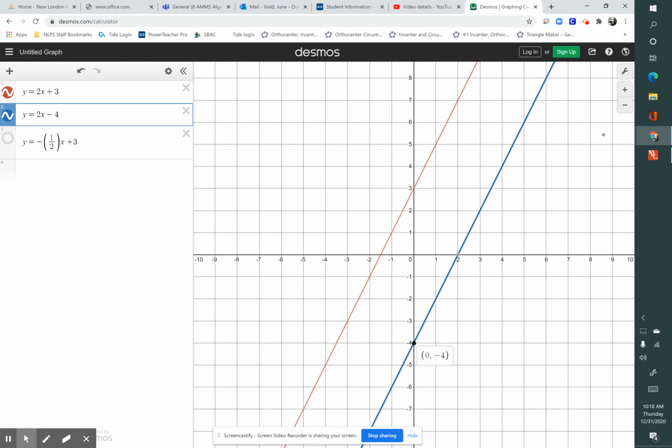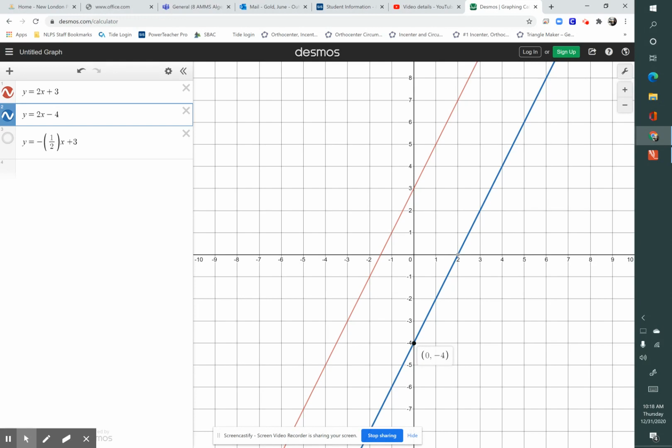So if we count a rise of 2 and a run of 1, it's a slope of 2. And you can easily see that these two lines are parallel and they will never cross each other. They will go on to infinity, and they're just like those railroad tracks your math teacher told you about when you were young, when you first learned about parallel lines.